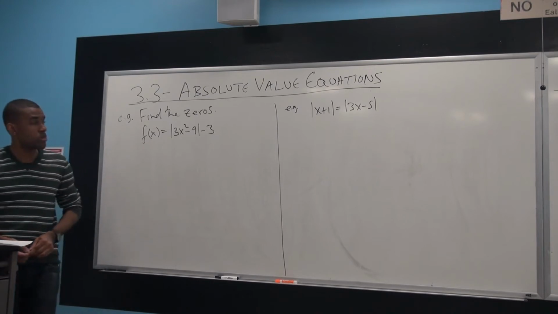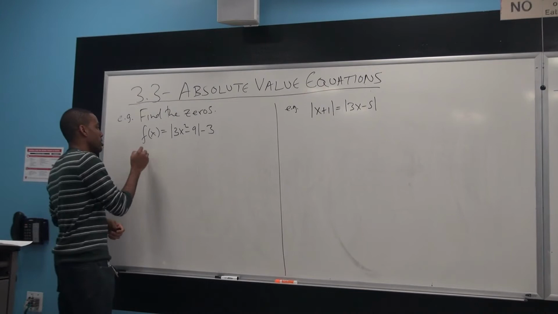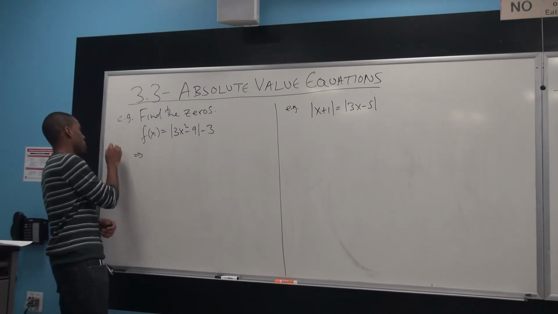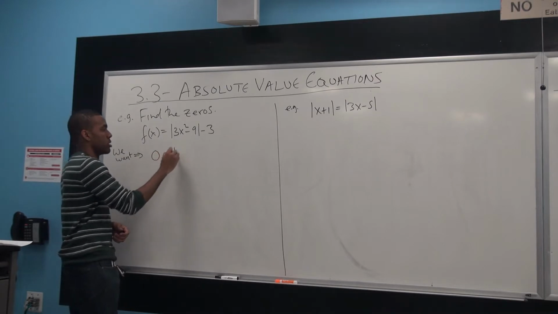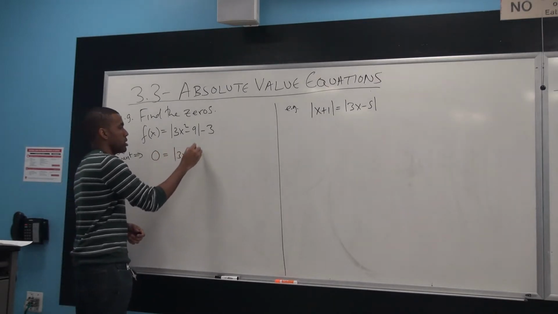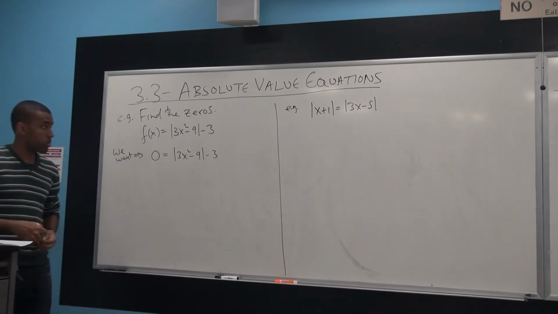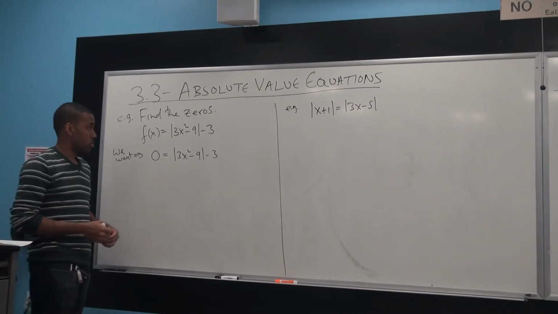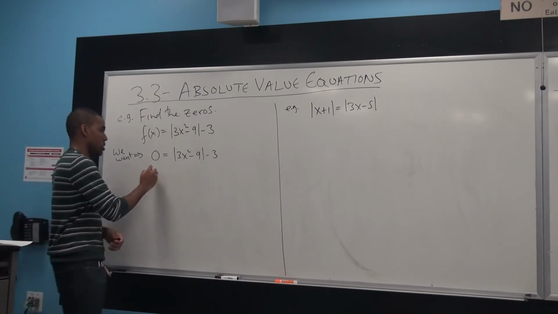What do we do? Set the function equal to 0. We want 0 to be 3 times the absolute value of x squared minus 9 minus 3. Now, how do I solve that equation? Put the minus 3 on the other side. Move the 3 over, so it's in a nice form.